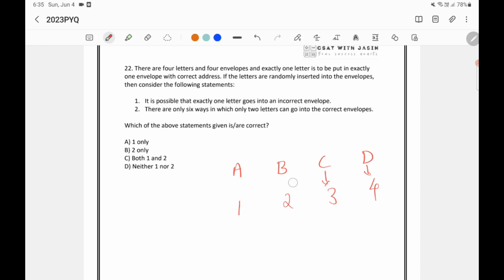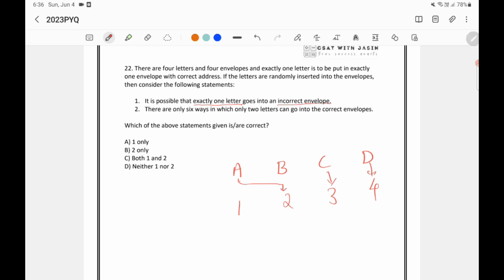Now let's read the first statement. First statement says that it is possible that exactly 1 letter goes into an incorrect envelope. Now let's say that A goes into the incorrect envelope. Let's say we put A into the envelope number 2. So that's incorrect. So let's say C and D go into the correct envelopes. So C is in 3 and D is in envelope number 4.